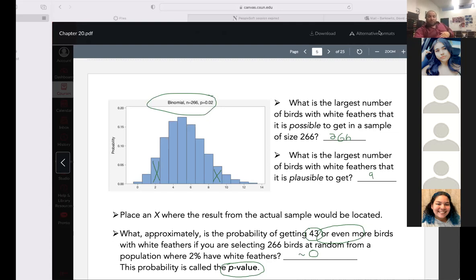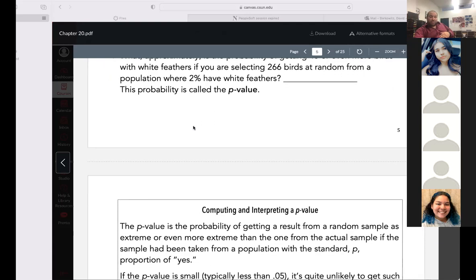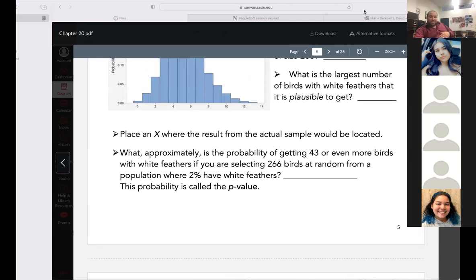So I was tutoring someone a couple weeks ago and they had the following statement, and I kind of liked it. It said, if the p-value is low, the null, which is your original assumption, the null must what?